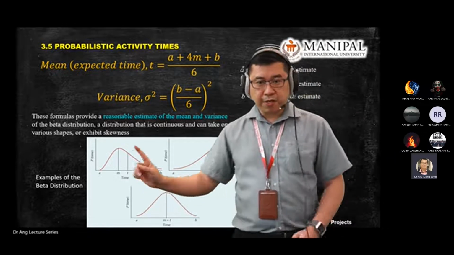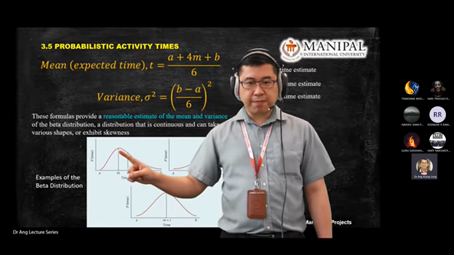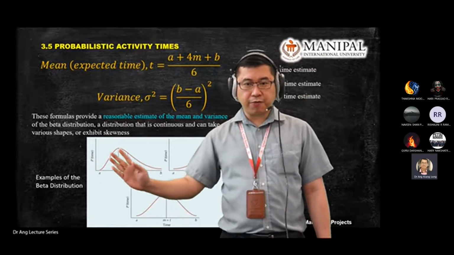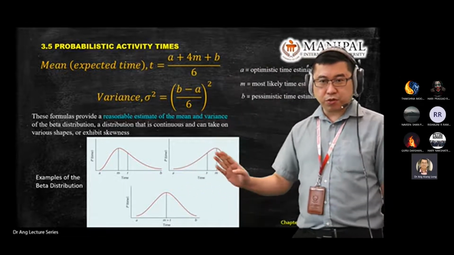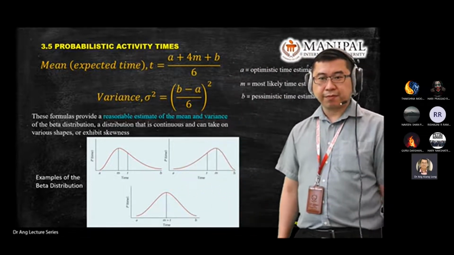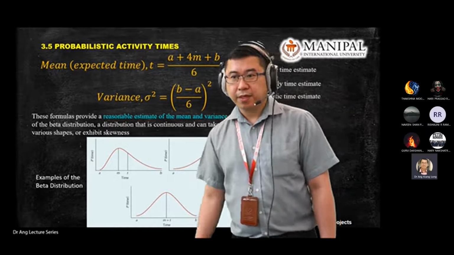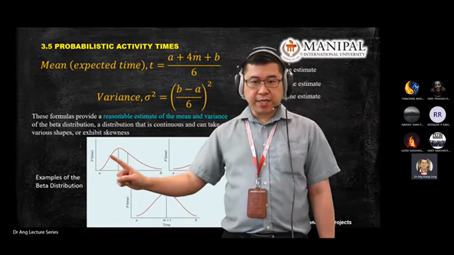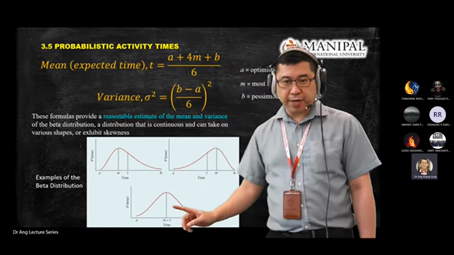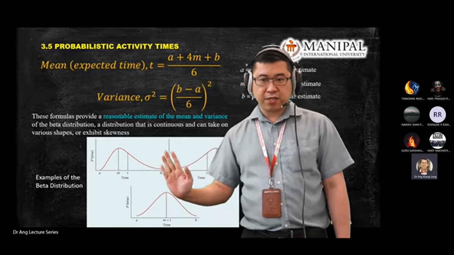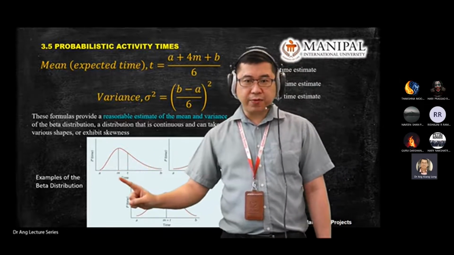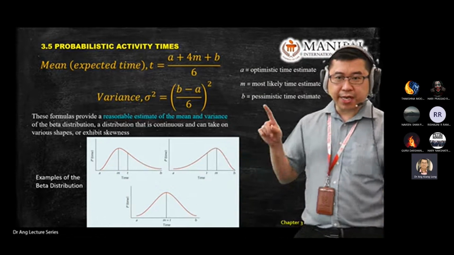Okay, so on the top here, you see the tip of the curve is shifting. This one also shifting. As you can see here, this curve, if you compare to the middle one, is towards one value we call M. Again, what is M?